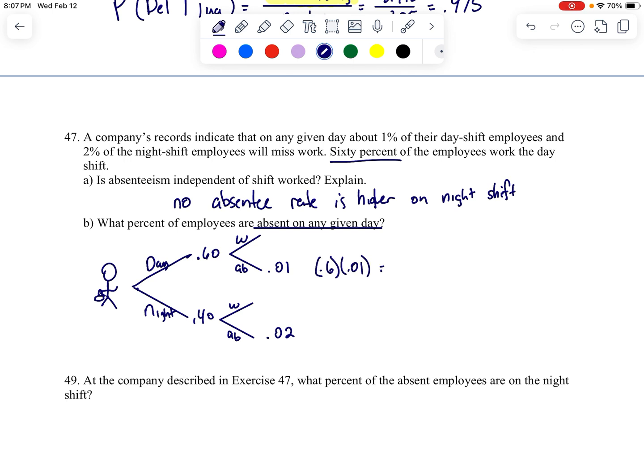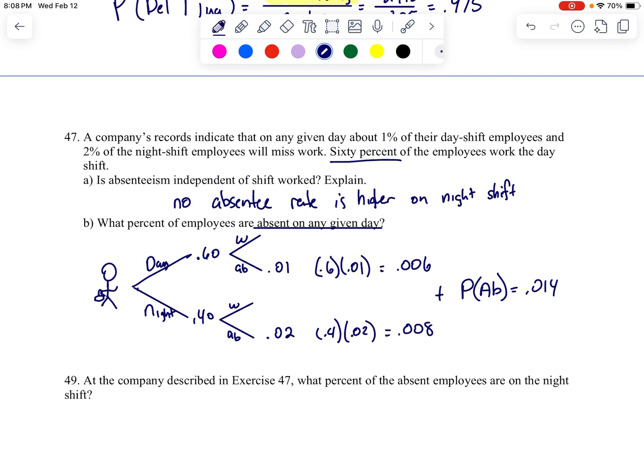But, we have to know what 0.6 times 0.01 is, and hopefully we can do that. Anyway, that's going to be 0.006. And then we're going to come down here, the other one, we're going to take 0.4 times 0.02, so that is going to be a 0.008, and we're going to add those together, so the probability of being absent is going to be 0.014.